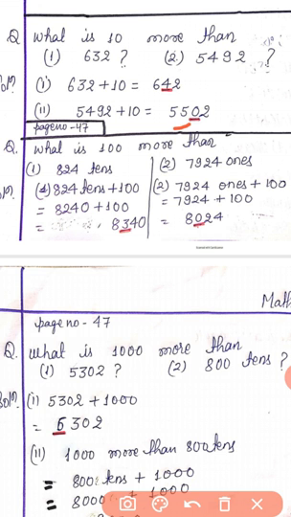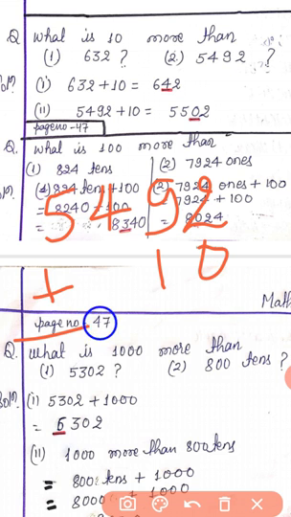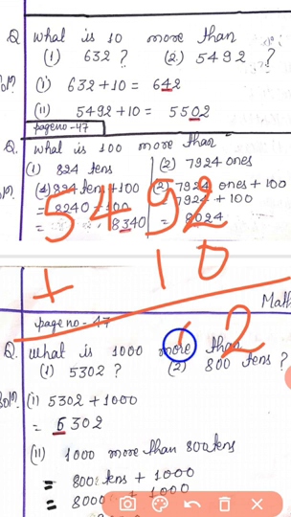So now we see the tens place here is 9, and we add 492 plus 10. Okay, we get 2, and 9 plus 1 tens is equal to 10 tens. So write 0 under the tens column, and 1 carry.